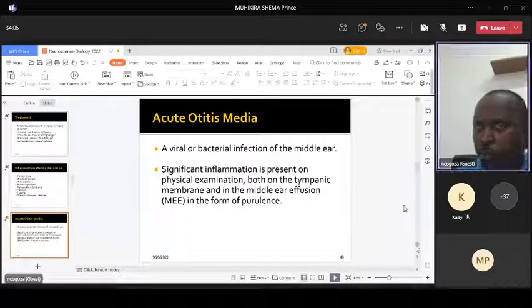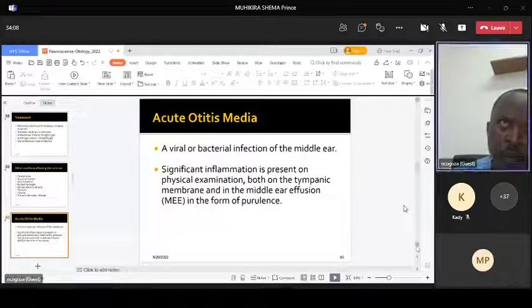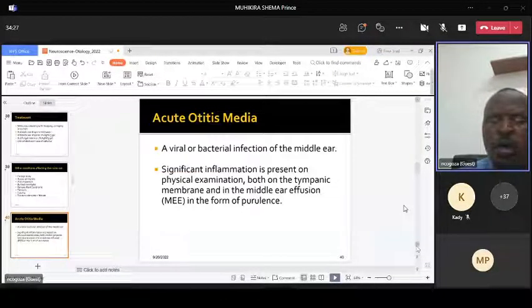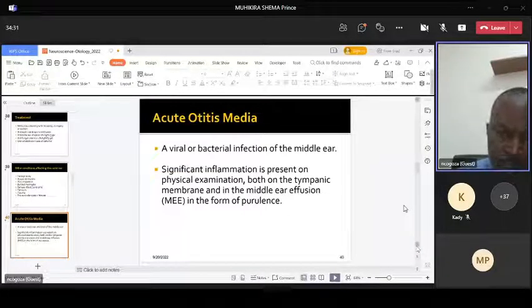So there is no reason for it to stay in one part, because whatever is produced in the anterior part goes into the posterior. If it's less, it leads to inflammation. If it's too much, it leads to accumulation or blockage on both sides, the inner part and the outer part.